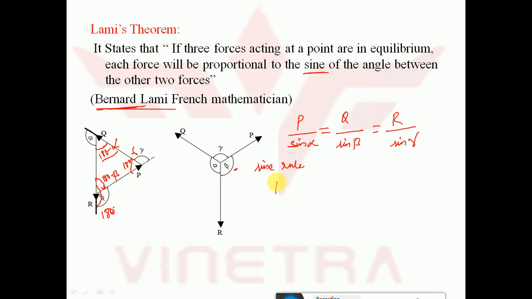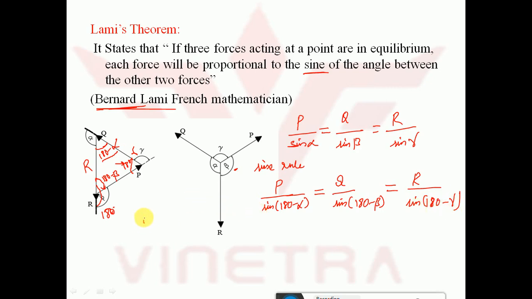So P divided by sine of (180 minus alpha) is equal to, taking another side Q, whose opposite angle is 180 minus beta, Q divided by sine of (180 minus beta), which is equal to R divided by sine of (180 minus gamma), since the angle opposite to side R is 180 minus gamma.